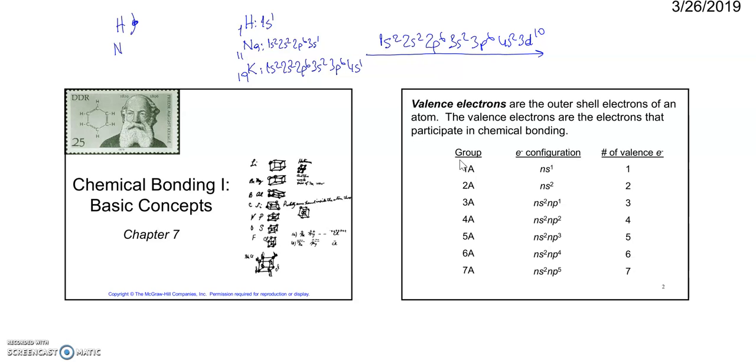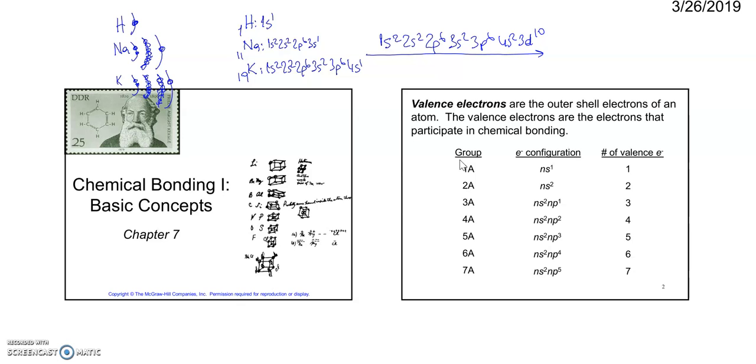For sodium, I have 2 electrons on the first shell, 8 on the second shell, 1, 2, 3, 4, 5, 6, 7, 8, and I have 1 on the third shell. For potassium, I have 2 on the first shell, 8 on the second shell, 8 on the third shell, you can count, and the fourth shell has only 1.